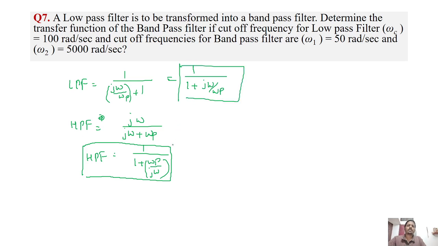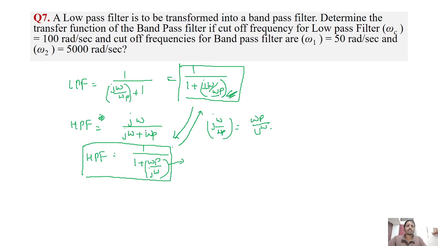So how can I bring a low pass filter to a high pass filter, or a high pass filter to a low pass filter? I just need to substitute j omega by omega p with omega p by j omega. That's it.